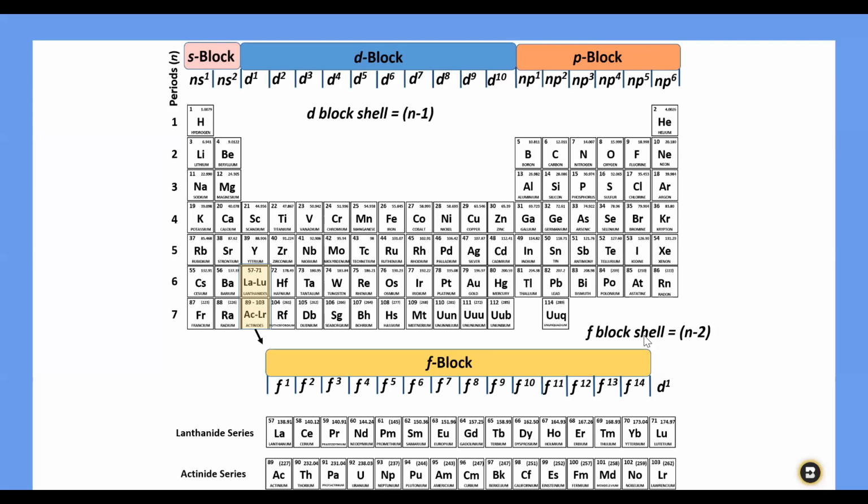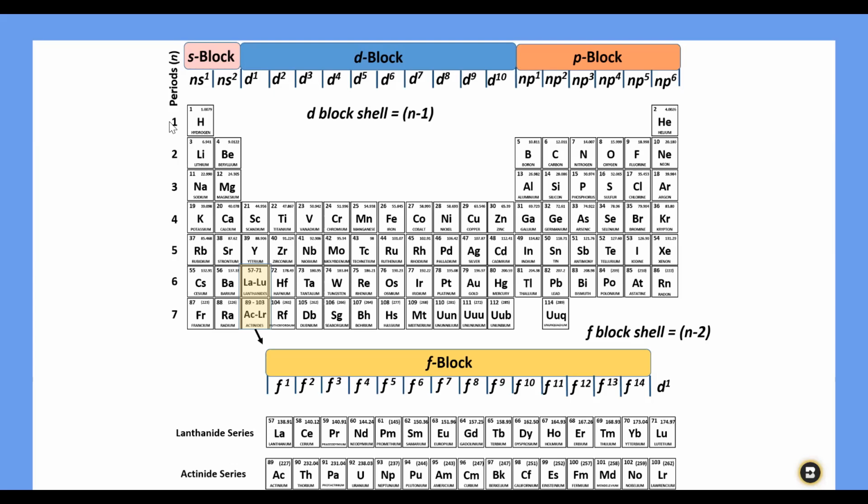Let's start with hydrogen. We want to write electron configuration from the periodic table. So we start with hydrogen. As we did with the electron orbital diagram, you start from the first energy level.